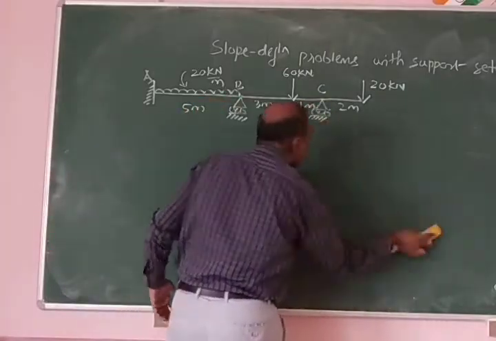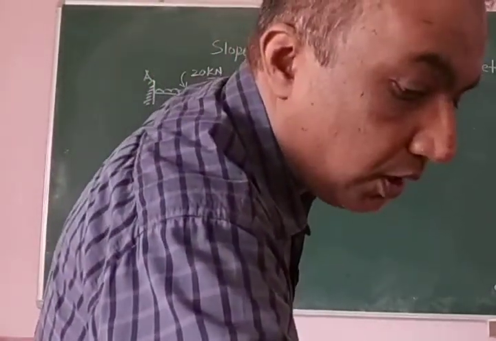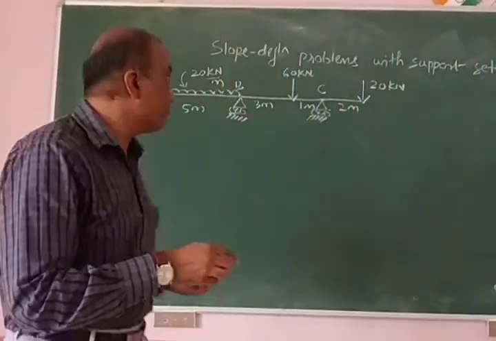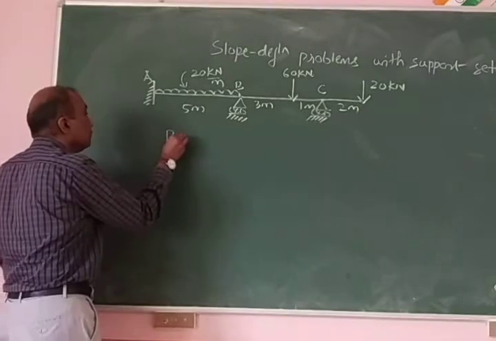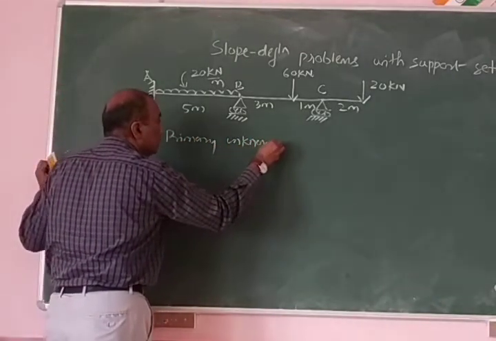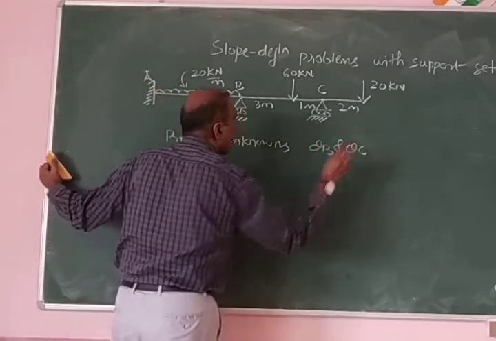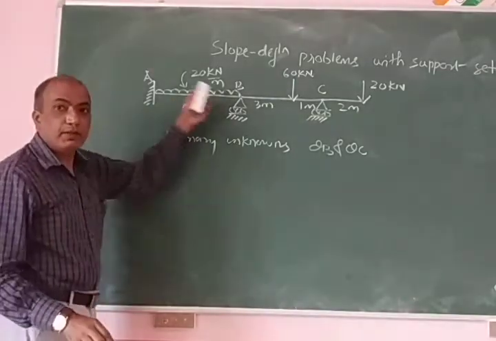How many primary unknowns? Let us do how to solve this problem. Primary unknowns: theta B and theta C only, because theta A is 0.